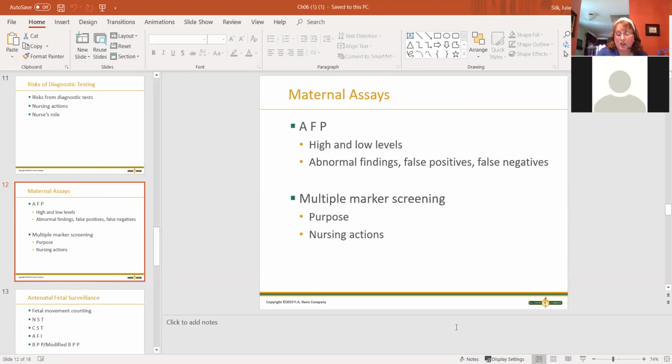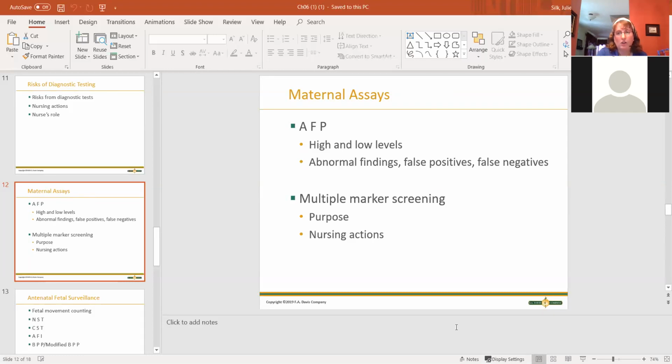This is a glycoprotein that's produced in the fetal liver, GI tract, and yolk sac in early gestation. They could do this test around 15 to 20 weeks gestation. Basically, if you had a high level of alpha-fetoprotein, this might mean that your baby has a neural tube defect.